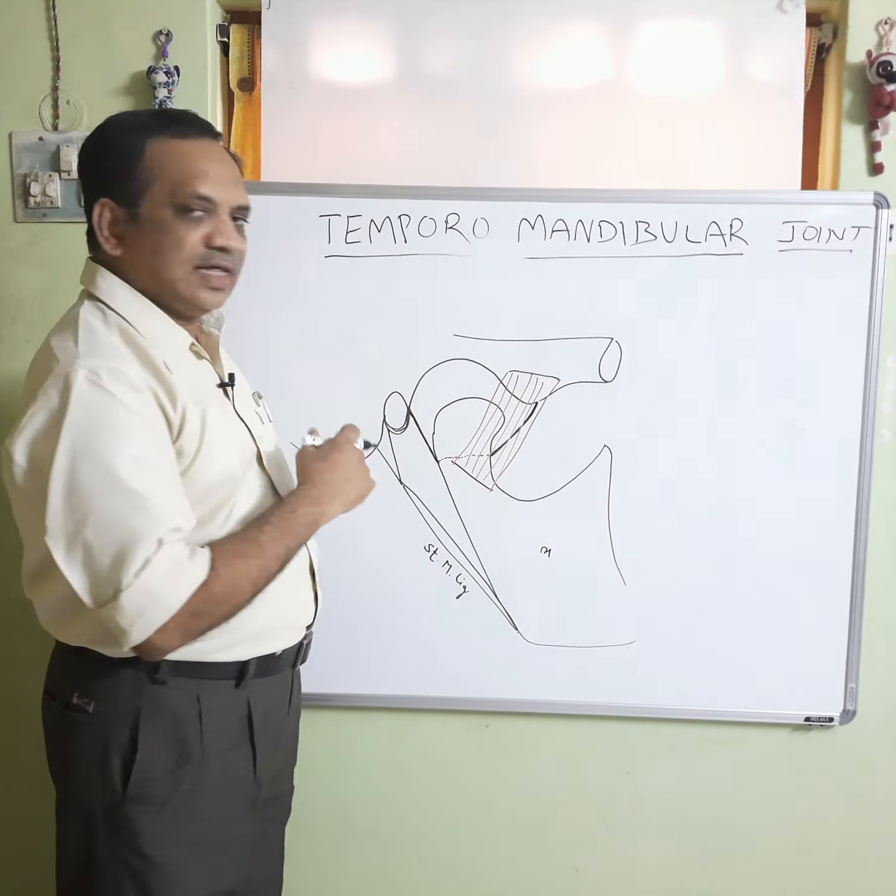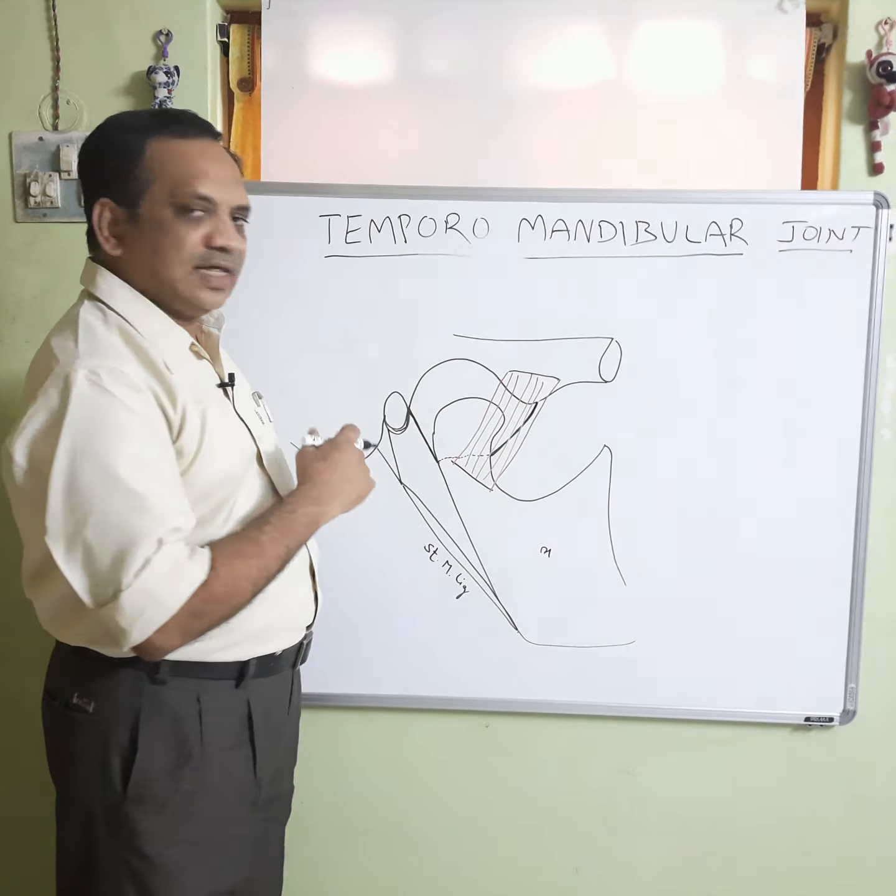Another structure is the articular disc, which is present within the joint. That is the peculiarity of this joint. The specialty of this joint is the presence of an articular disc within the joint. An articular disc is present here.